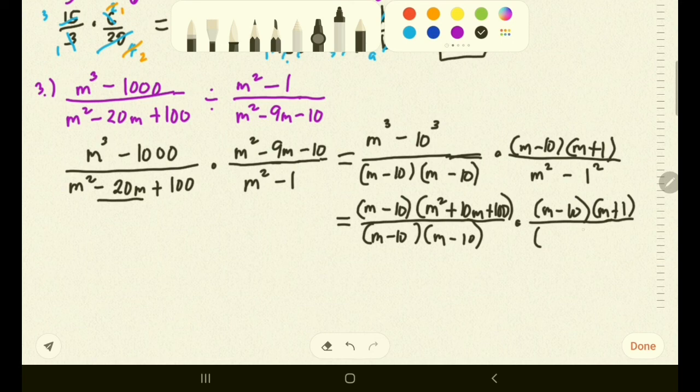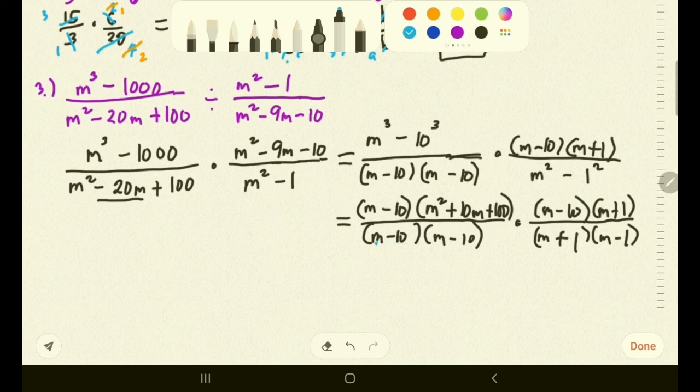For the difference of 2 squares, expect 2 binomial factors. How? For m squared, get the base, m, then plus and minus, and get the base of 1, which is 1. And now you cancel out.